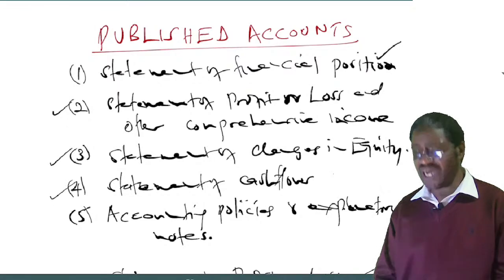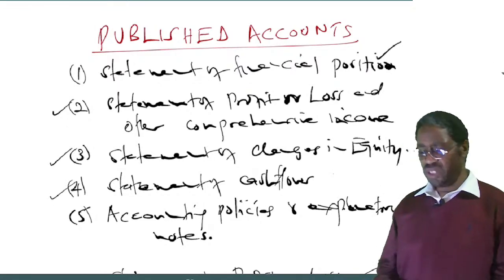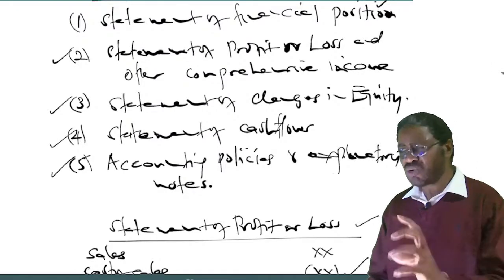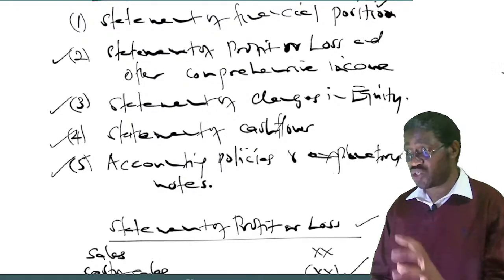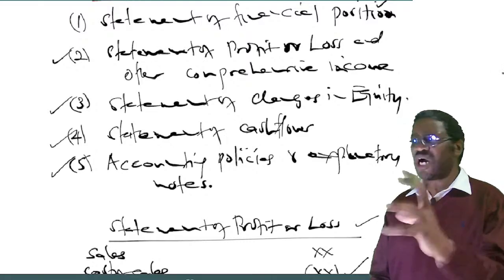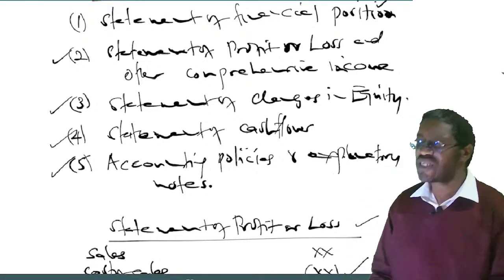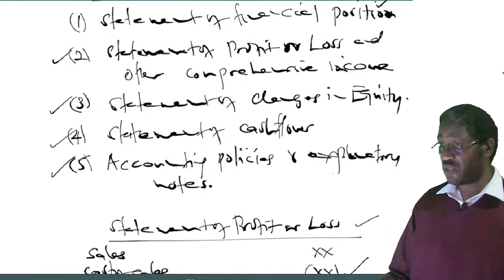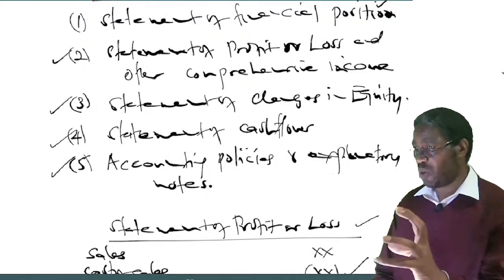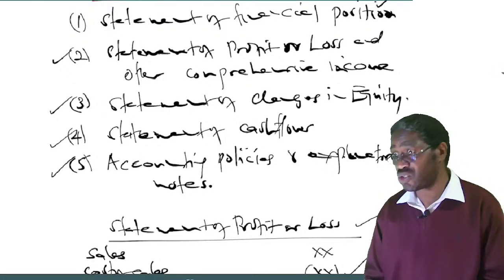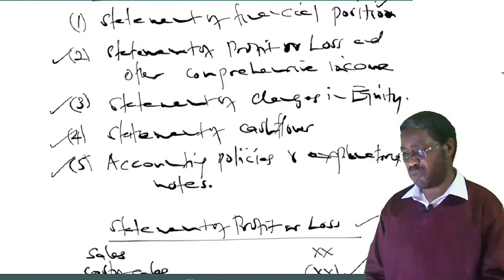Number four, a statement of cash flow. And number five, accounting policies and explanatory notes. Those are what we were calling the components of a complete set of financial statements for publication purposes. What are the components of a complete set of financial statements for publication purposes?